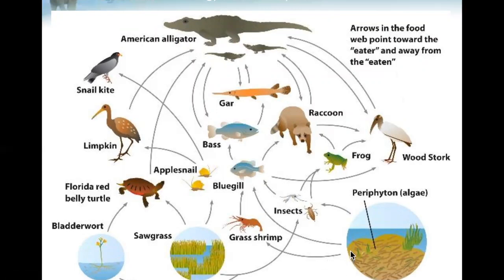So the algae, the primary producers, is eaten by insects, the bluegill, and grass shrimp, the first level consumers, and the apex consumer, except for the babies that seem to be eaten also by the gar and the bass and the raccoon. So baby alligators are also prey.